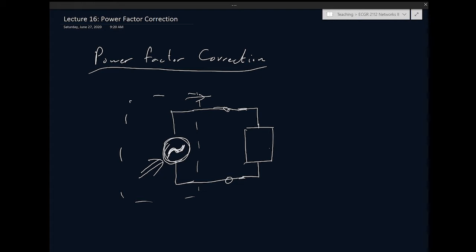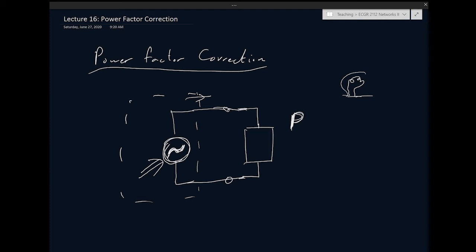And the source drives a load, and a particularly useful way of describing AC loads is by their power requirement. How much power do we need to supply this load? For example, if you buy a light bulb, right?